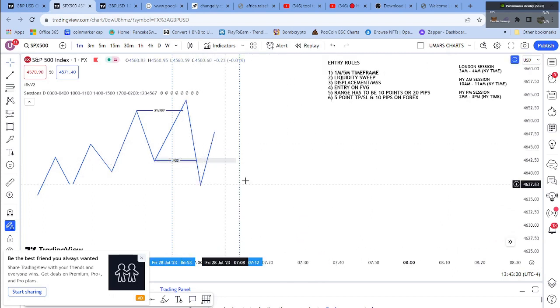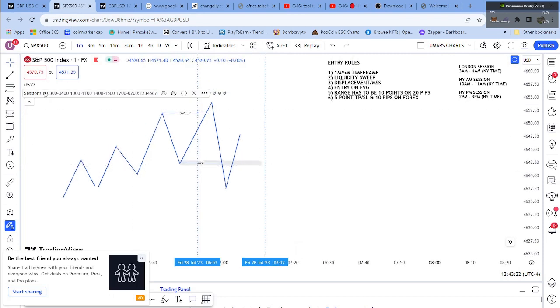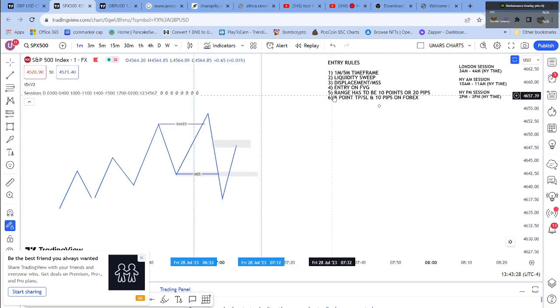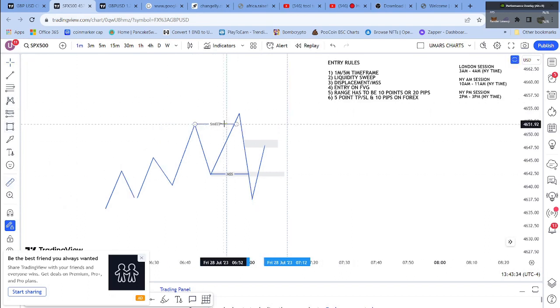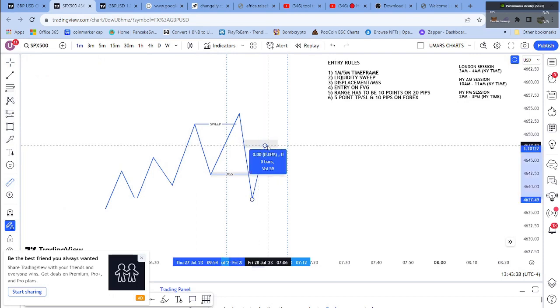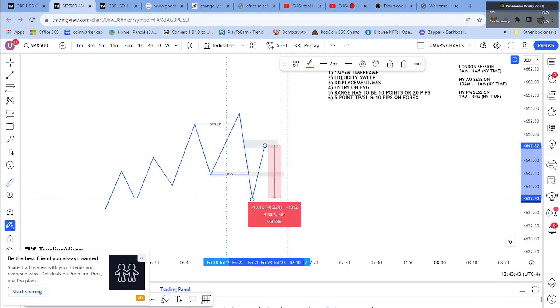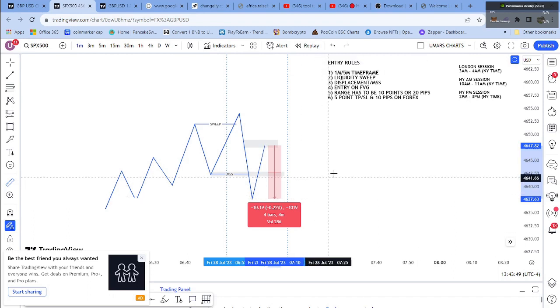So after identifying your market structure shift, you would then look for your fair value gap. Before we move on to the fair value gap, you have to identify point number 5 and point number 6. Point number 5 is basically you have to then measure your range. You have to see that from your next entry point till your next liquidity zone, there needs to be a minimum of 10 handles or 10 points.